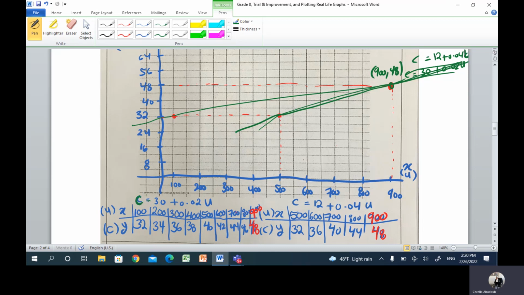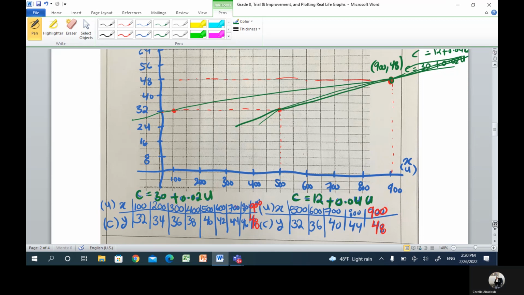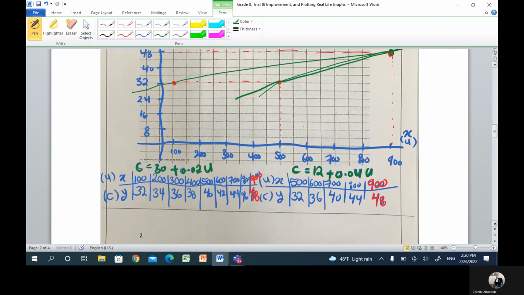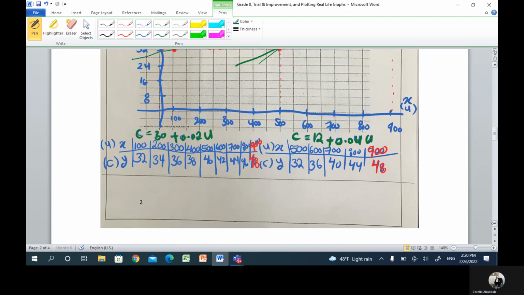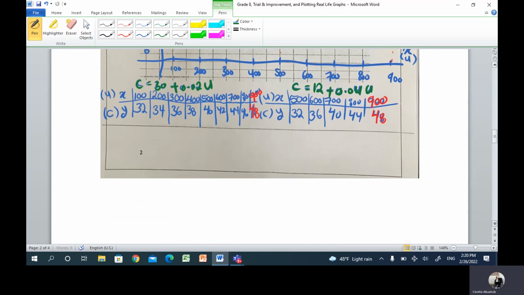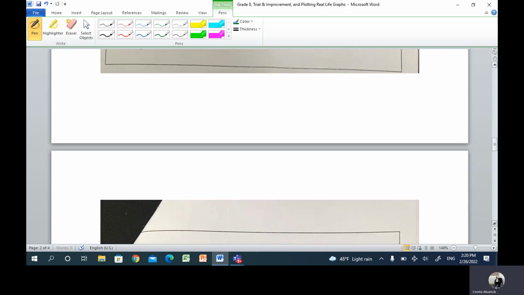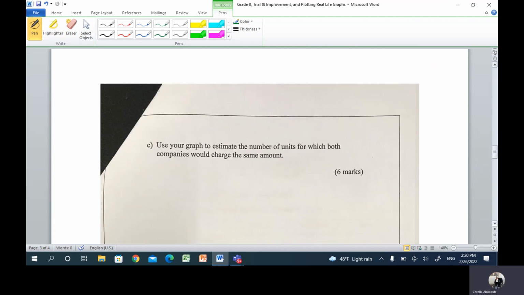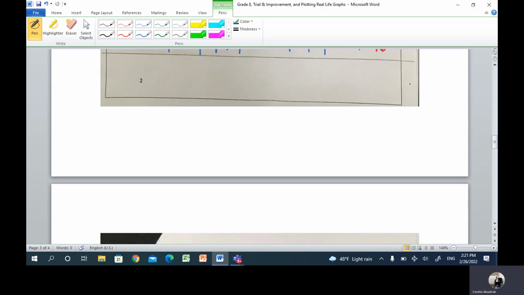C is equal to 30 plus 0.02U, and C is equal to 12 plus 0.04U, which will take us to the second part of the question, where they want us to solve these two equations using the graph. So I have just showed you how to solve it using the graph or using the tables. Sorry, I have to go up there once again.